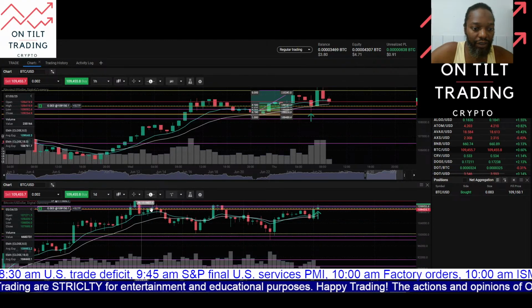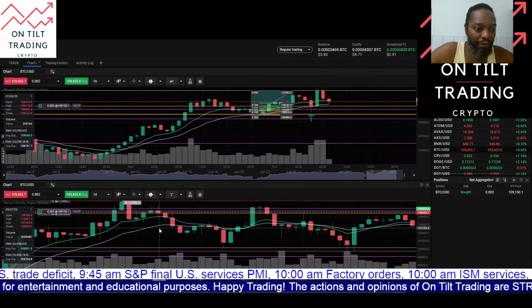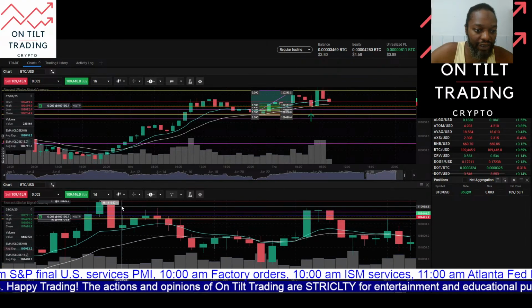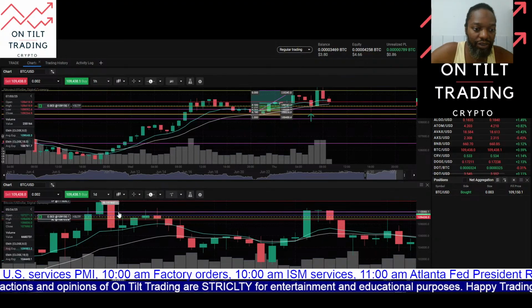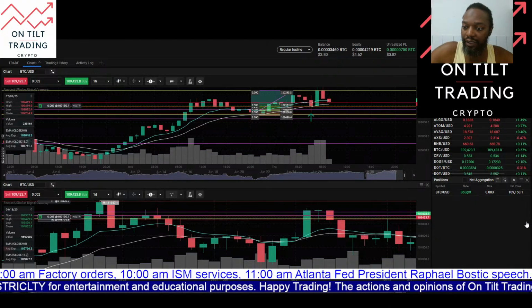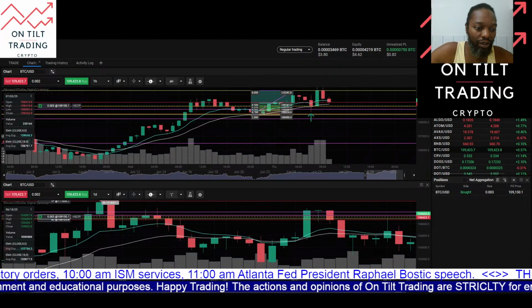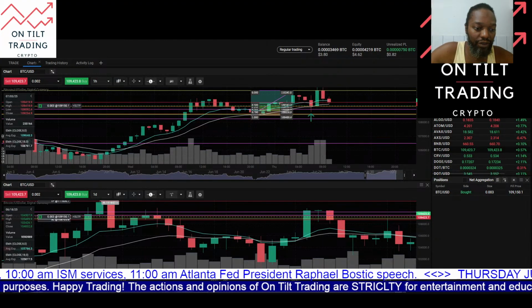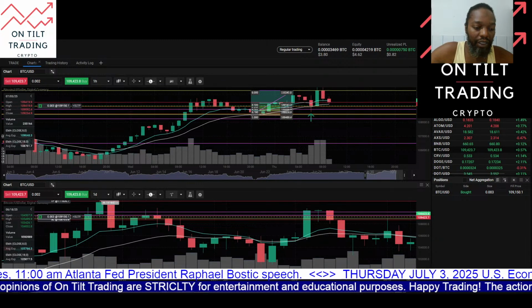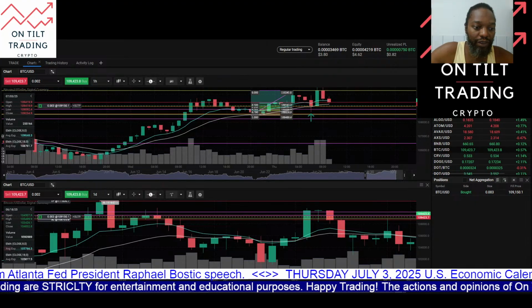So profit target is up here. Profit target is 110,830.7. So profit target just shy of the all-time high, and with this target, there's going to be liquidity. There's a liquidity pool resting up here. That's going to be buy-side liquidity.